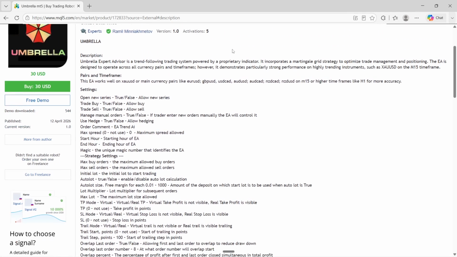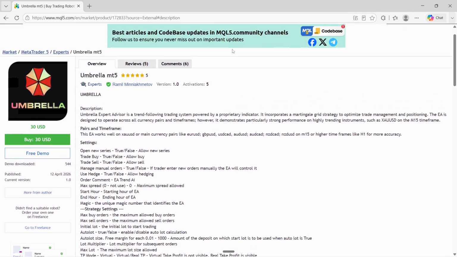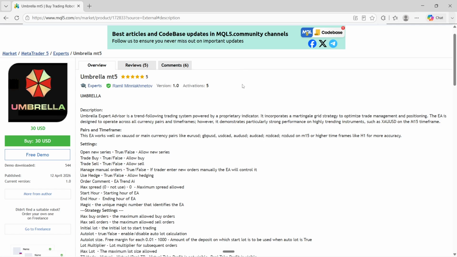From the MQL5 page, I'm just going to expand this. You can see that Umbrella Expert Advisor is described as a trend following trading system powered by a proprietary indicator. As you can see, it incorporates a martingale grid strategy to manage and position trades.